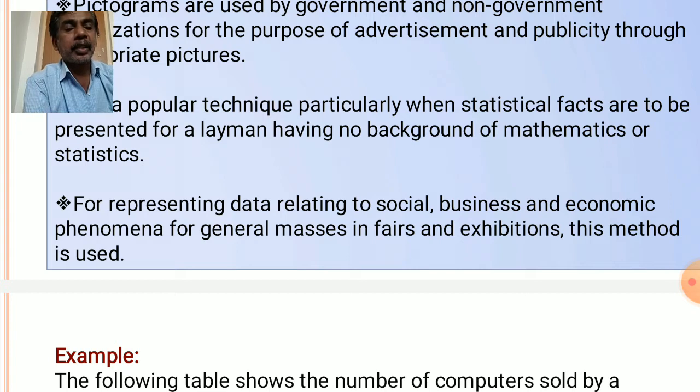So these three-dimensional diagrams can be used.